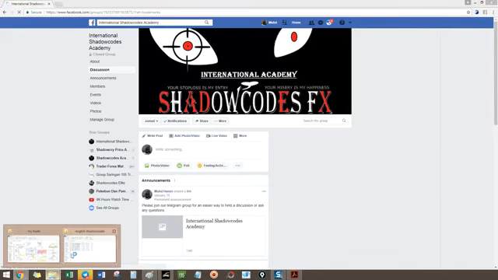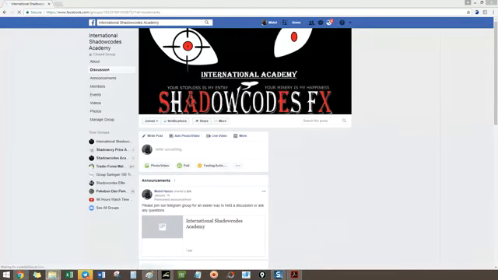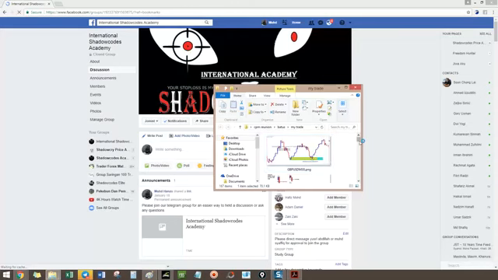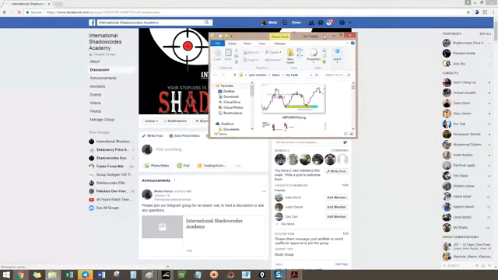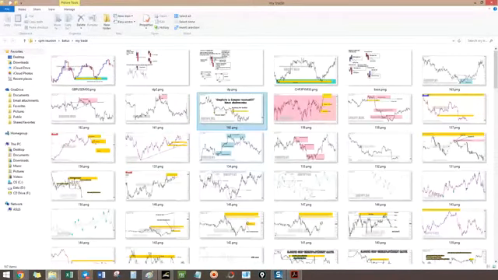Can you send this picture of how you draw HNS? I am not good at the pattern. I will send it to you now if you want it. Oh man, I just drag it here.